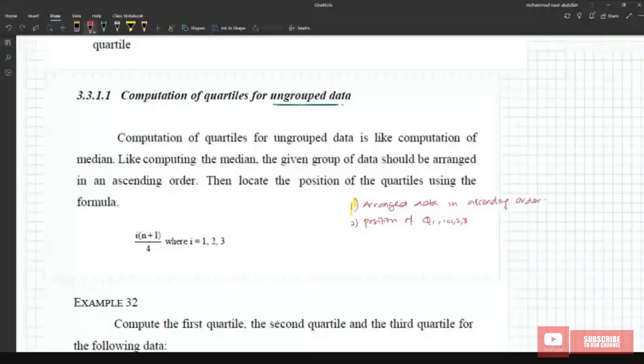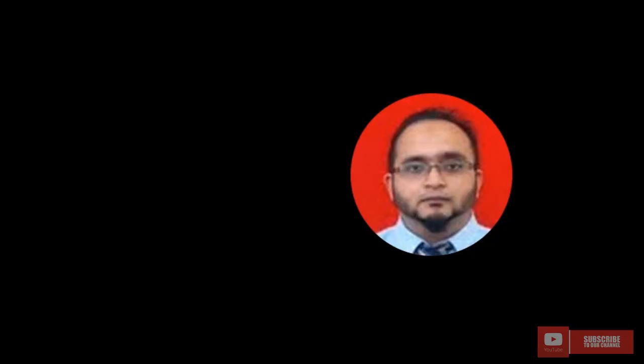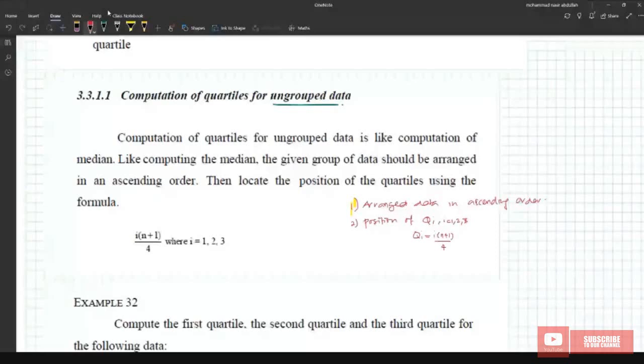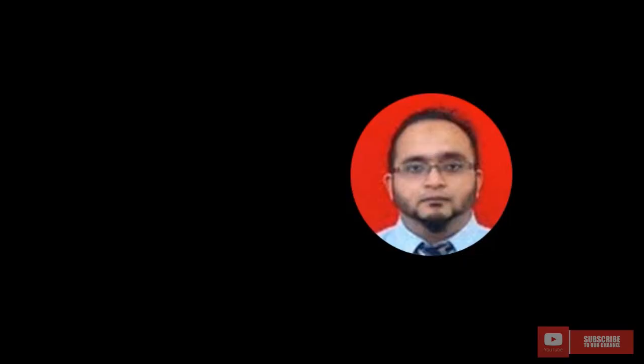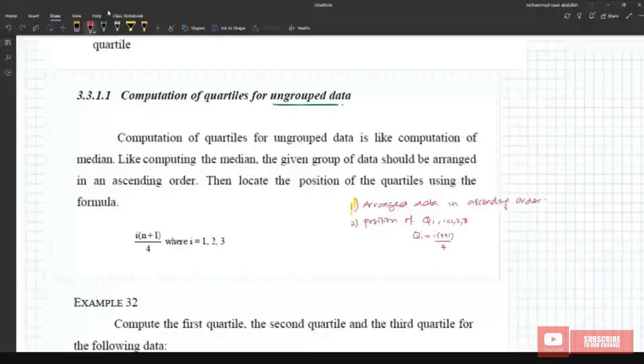So position of quartile i is equal to i multiplied by n plus 1, divided by 4. We can change i: when i is equal to 1, n plus 1 divided by 4. When i equal to 2, quartile 2, 2 multiplied by n plus 1 divided by 4. When i equal to 3, 3 multiplied by n plus 1 divided by 4.